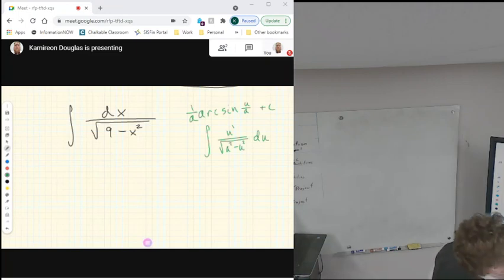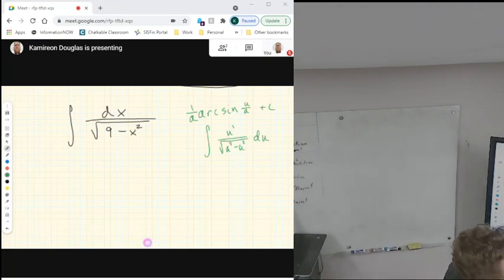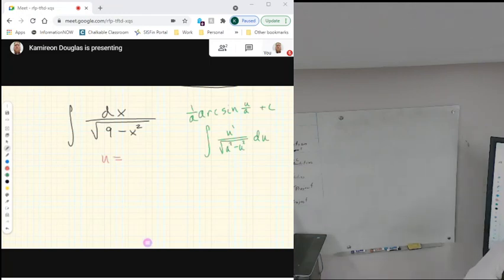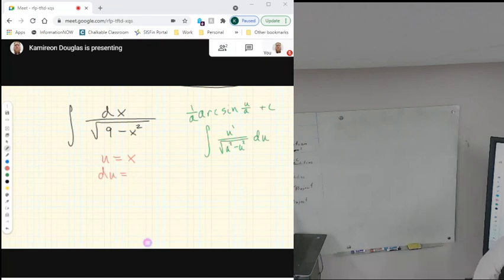We see a lot of similarities. Let's talk about each one. First, u. We have to get u right because u affects the other two pieces. In the original problem, it's x squared. We want u squared, so let's make u equal x. Then du would just be dx, and u prime would just be 1.